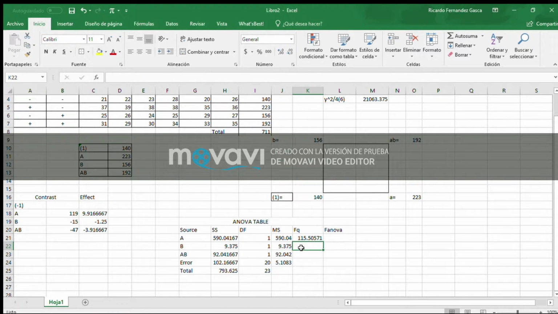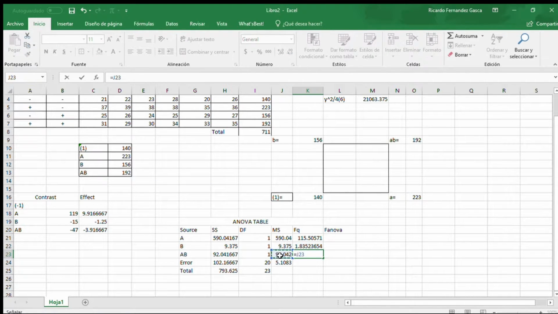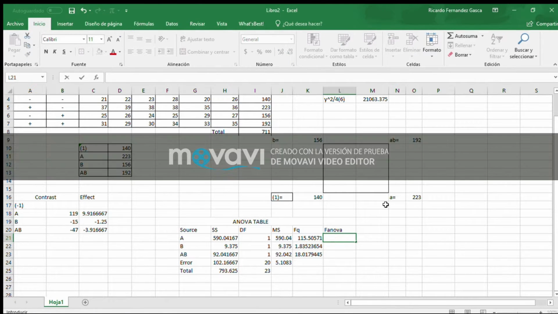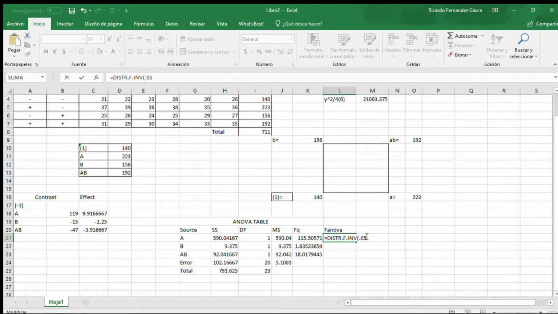So we get this F calculated, and then to get the F ANOVA, we use this formula, the F distribution, with a 0.05 probability, then the degrees of freedom and the degrees of freedom of the error.